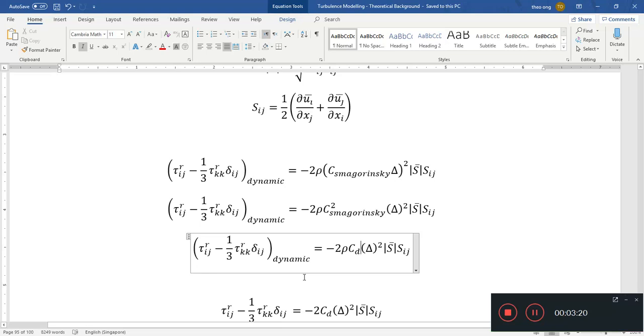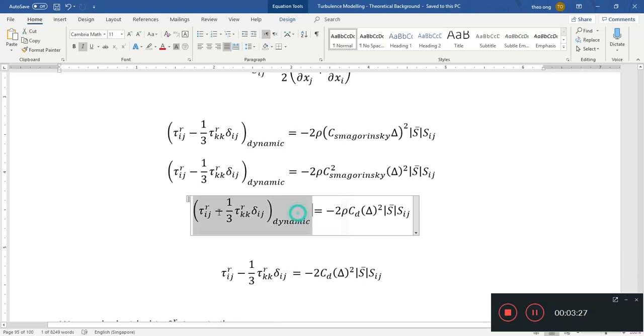Of course, one more thing I want you to be very careful of is this rho over here. Sometimes you'll see online where people model this using a dynamic viscosity.